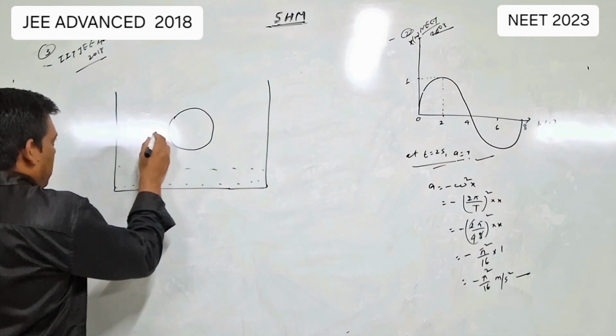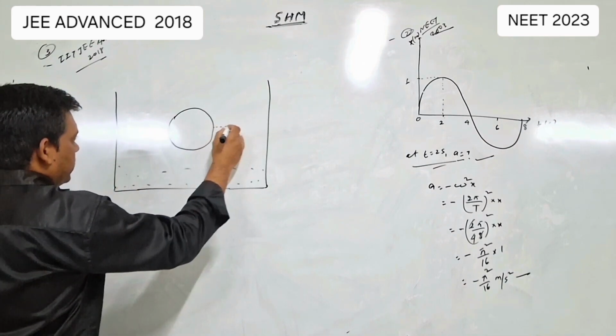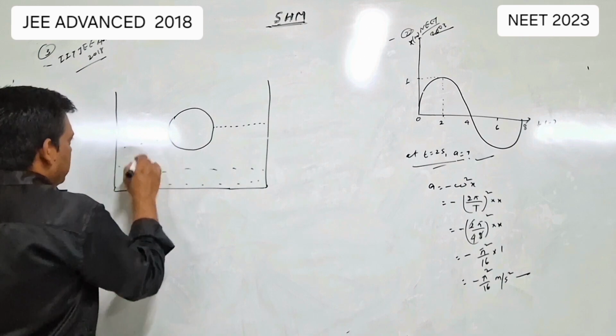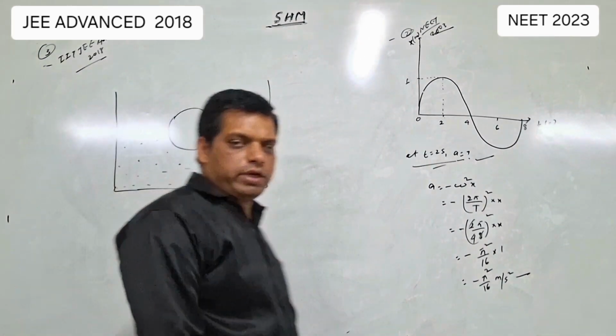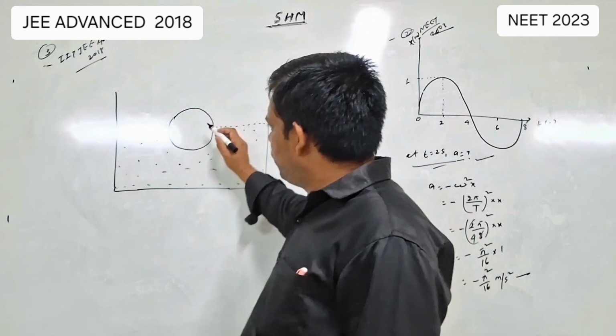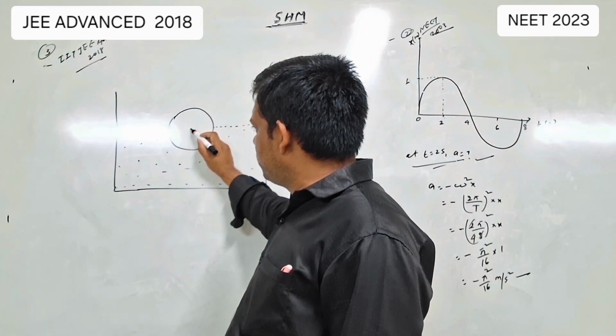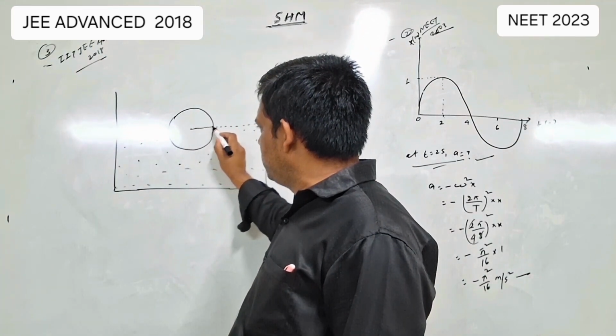Half part of the spherical ball is inside the liquid and half part of the ball is outside the liquid. The radius of the ball is r.